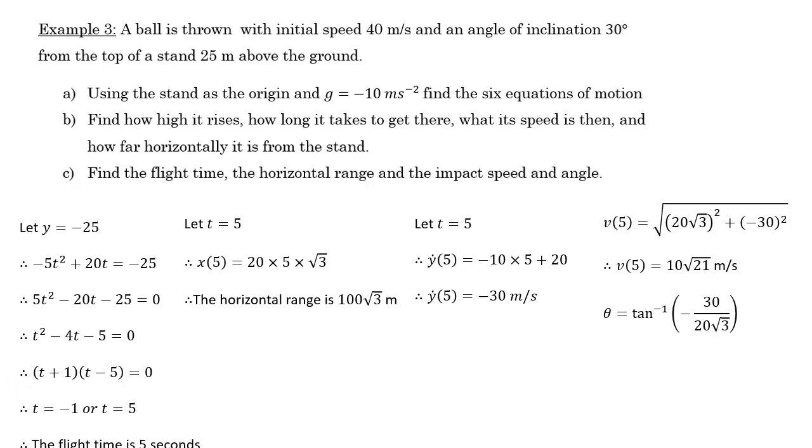To find the angle, it's the inverse tan of our rise over run. So negative 30 over 20 root 3. Now this is going to give us an answer of negative 41 degrees. But a diagram is going to explain why we don't want a negative answer. We're not after a fourth quadrant solution, and I'm not after a second quadrant solution either.